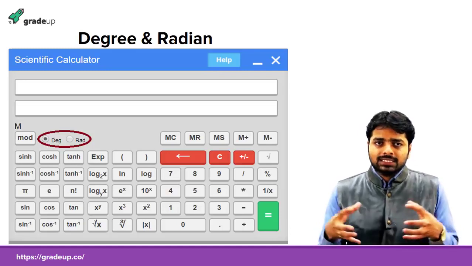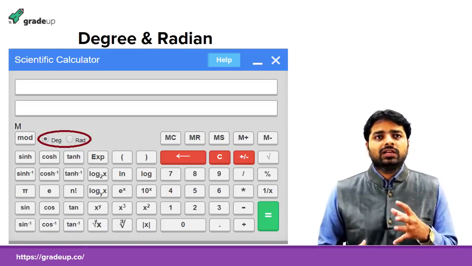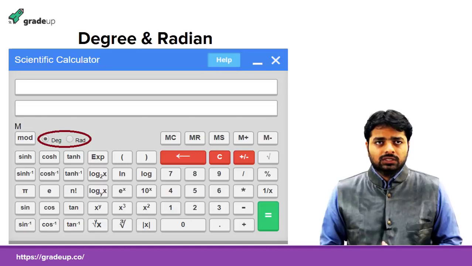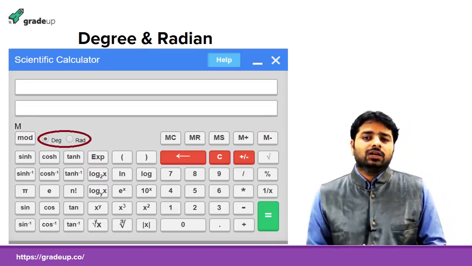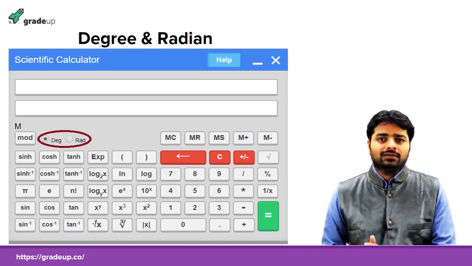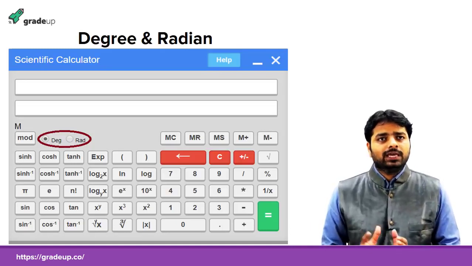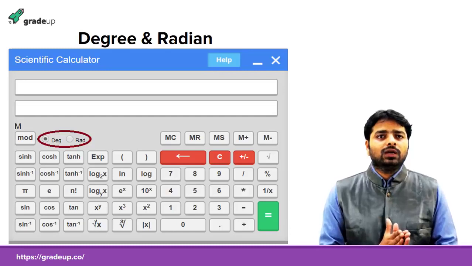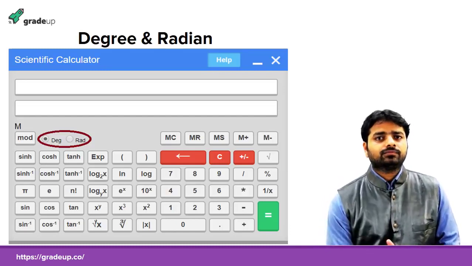Do not try to mix these two modes in the same expression, because it will give you an error on the virtual calculator. For example, if you calculate 5 plus sin 10, with 5 as a degree and 10 as a radian, it will give an error. So be careful and keep only one mode during the entire expression.